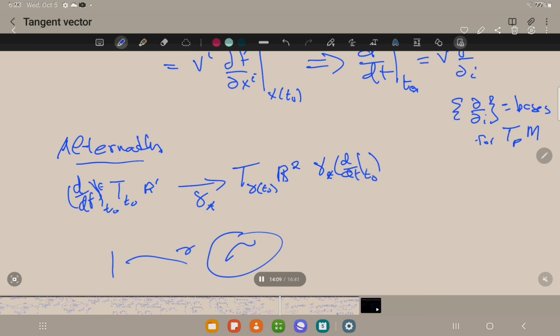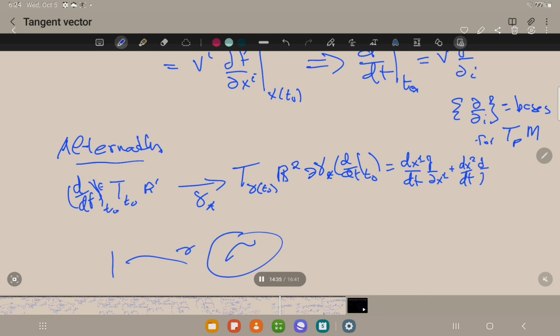So now this new object here, the push forward of d by dt, is an element of the tangent space of R2. And then the Jacobian map of d by dt in R2 is simply equal to dx1/dt partial x1 plus dx2/dt partial x2.